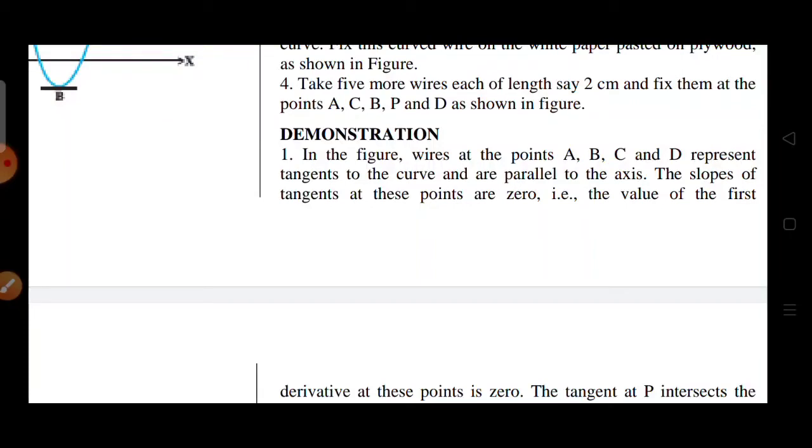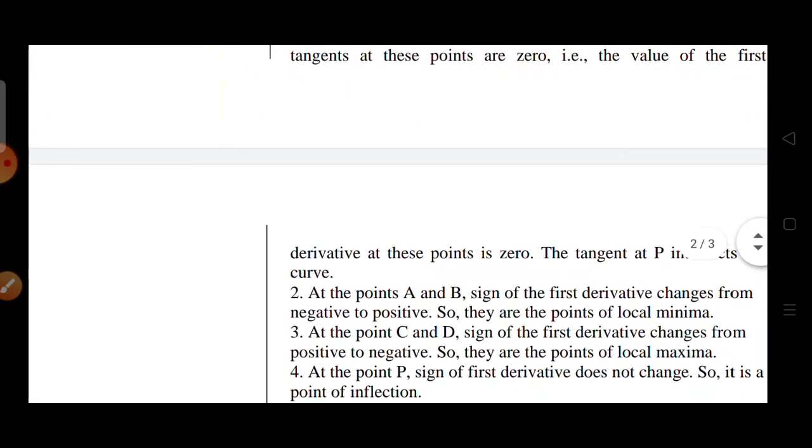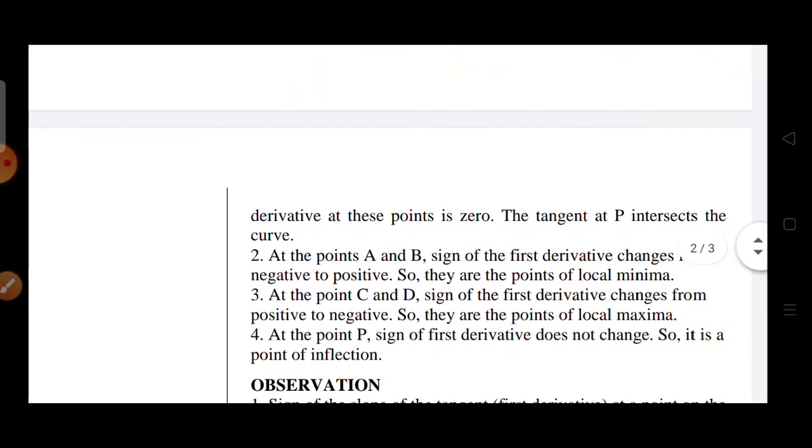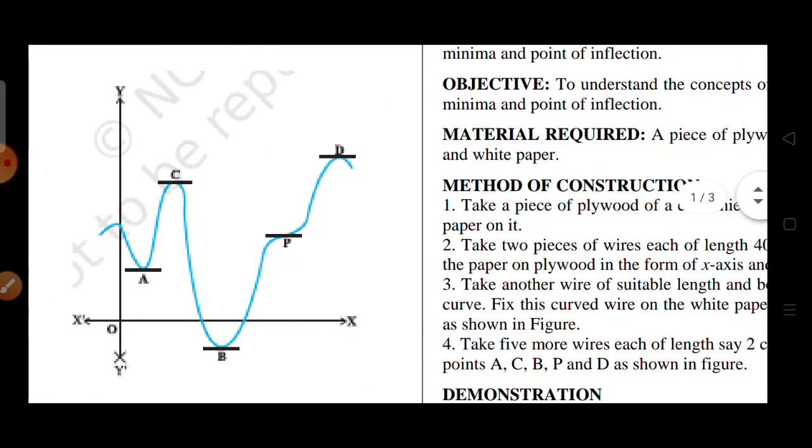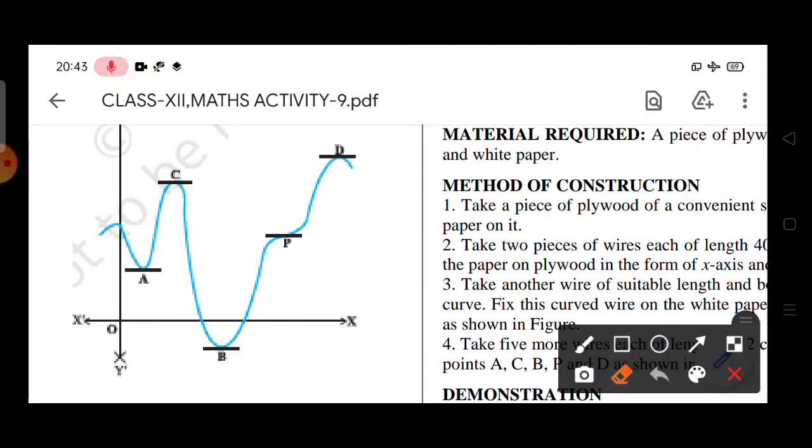That is, the value of the first derivative at these points is 0. Because we know that the geometrical interpretation of the derivative is the slope of a tangent. But the tangent at P intersects the curve. Come back to the figure, see here at the point P, the tangent intersects the curve.